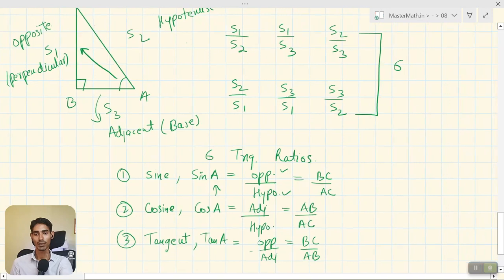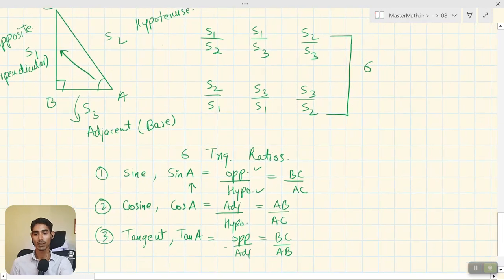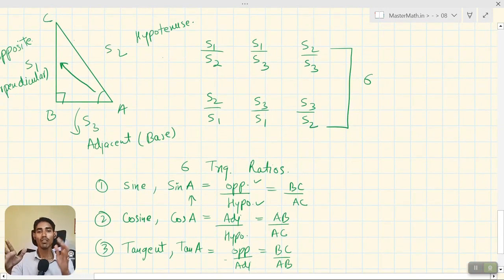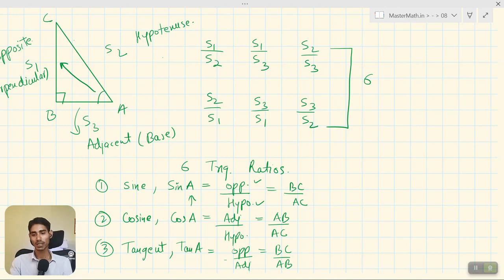All right. So we have a right angle triangle. We connect sides ratio with different angles, and we get 6 ratios. So these are the first 3 trigonometric ratios that we have. Now if this is clear, the rest of the things are just the reciprocals of these.